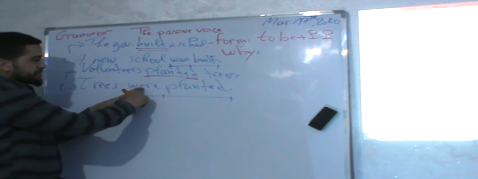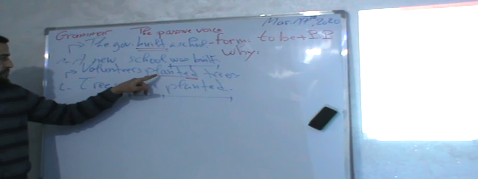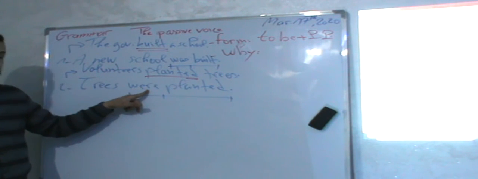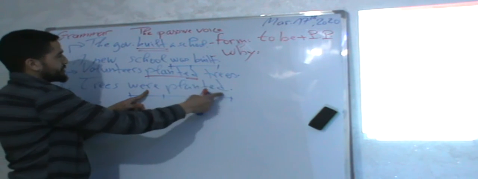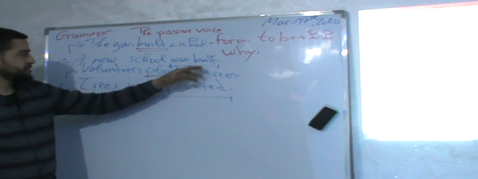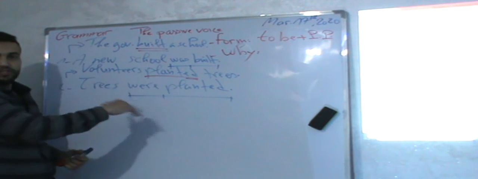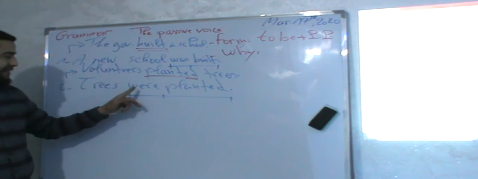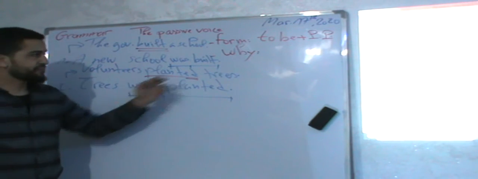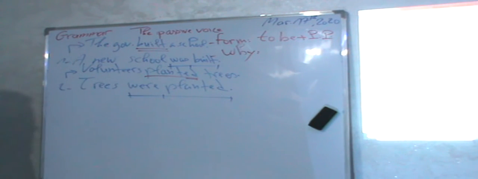So verb to be takes the time and tense of whatever we have in the active voice. Planted, simple past; verb to be, simple past. And then you always have the past participle: planted, regular, add ed; built, irregular. That's how the chain goes. Whatever tense you have in the active voice, you apply it to the verb to be in the passive voice.